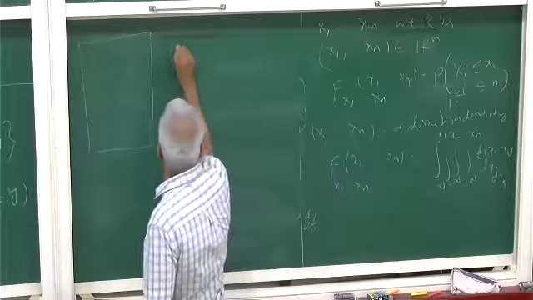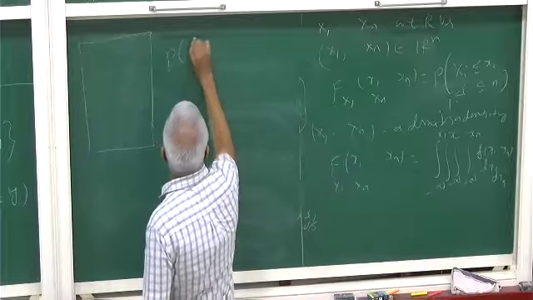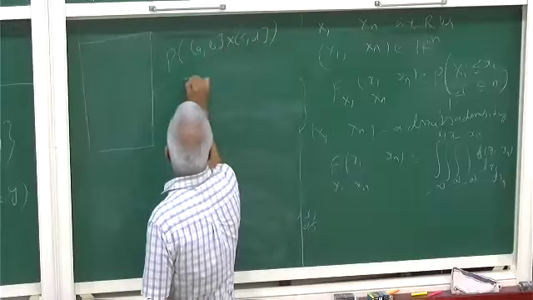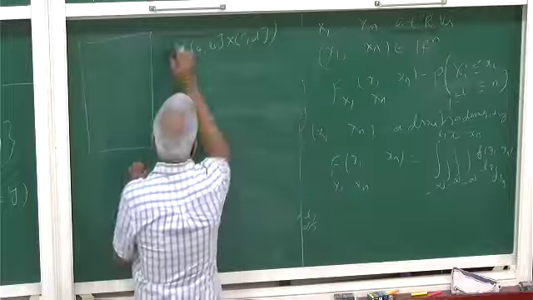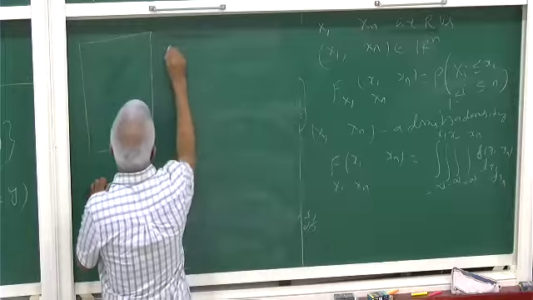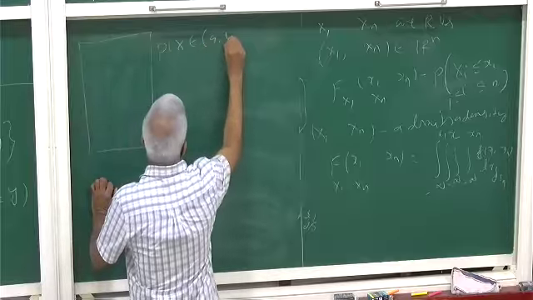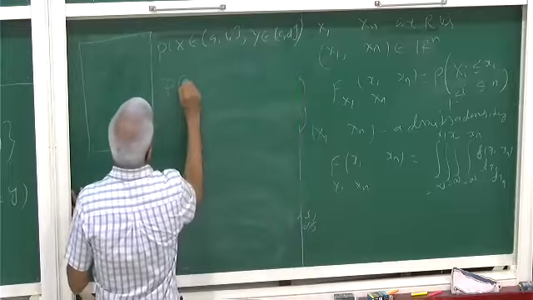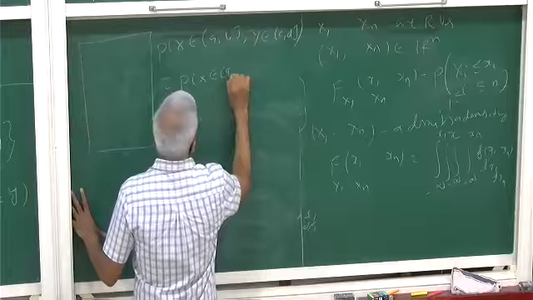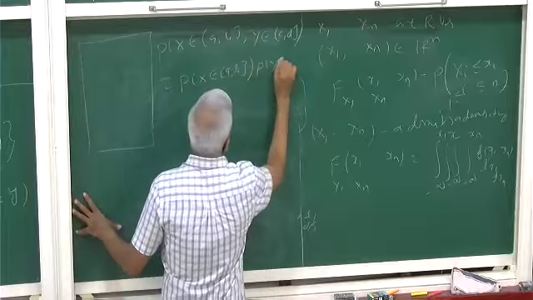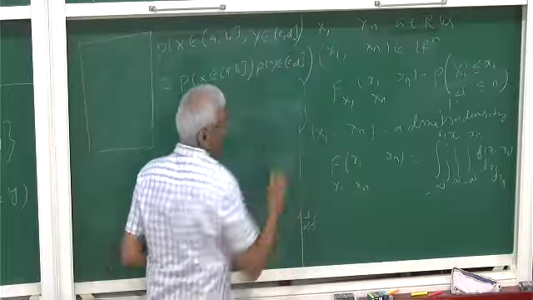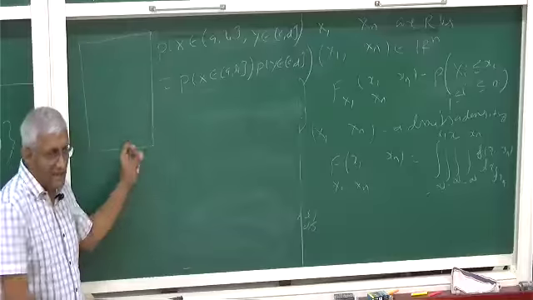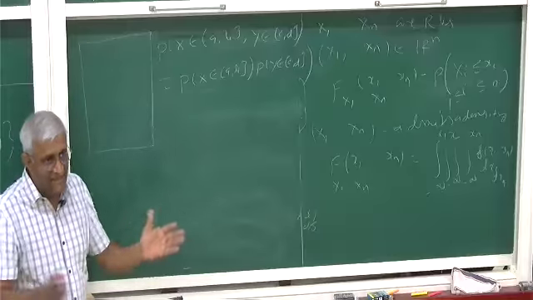From all these things we will say that, let's write it clearly: X and Y are independent, so the probability of X in AB, Y in CD, equals the probability of X in AB times the probability of Y in CD. This doesn't follow immediately. You have to write the whole thing and then you can group and factorize.